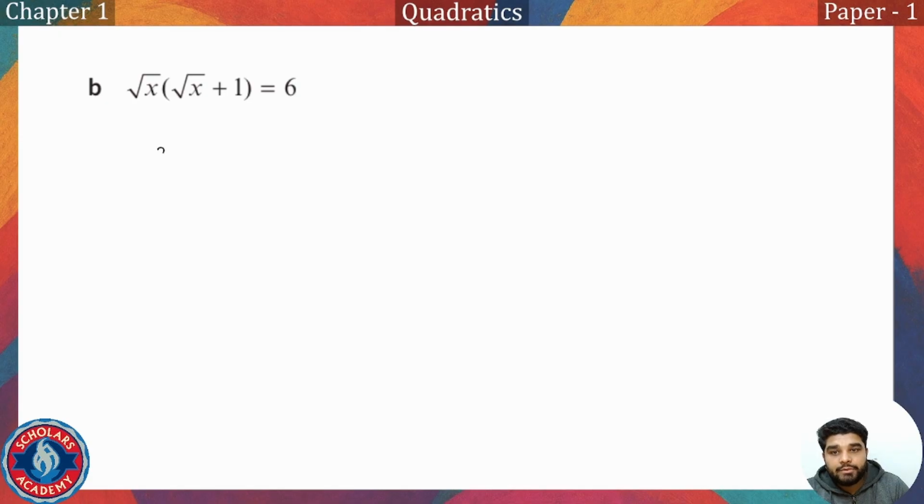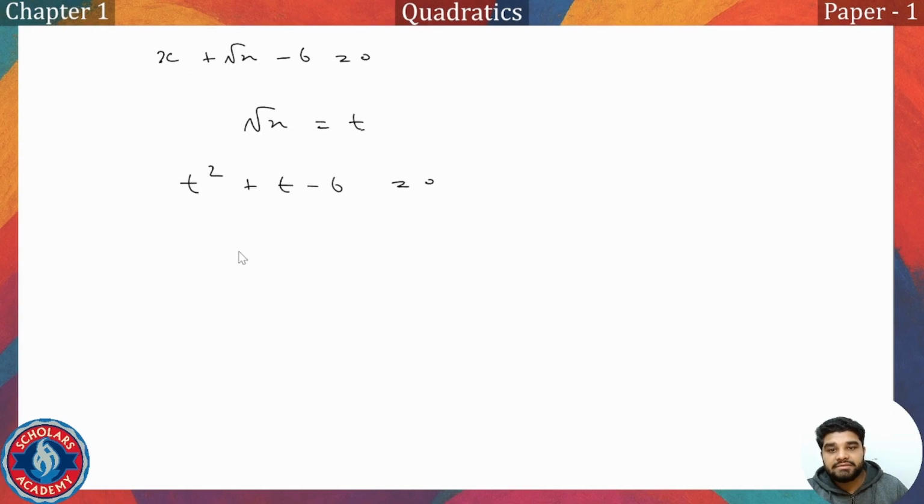If we simplify it, we get x plus root of x minus 6 is equal to 0. Again, taking root of x as t, substituting it over here, we get t square plus t minus 6 is equal to 0. Product is negative 6, sum is 1. So t square plus 3t minus 2t minus 6 is equal to 0.